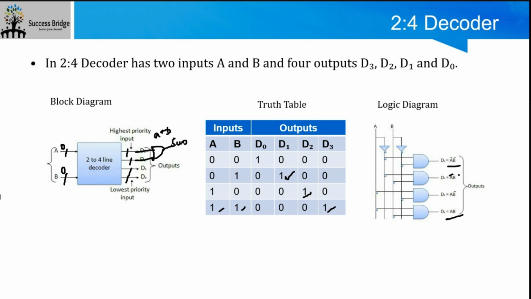Okay, for a D0. So again D2 A not B and D3 A B not and D3 D2 A B not and D3 A B. So with respect to the same, you can create the circuitry by adding NOT gates and using an AND gate.